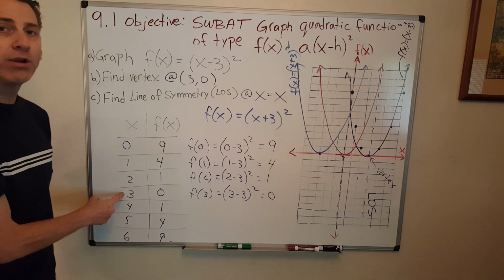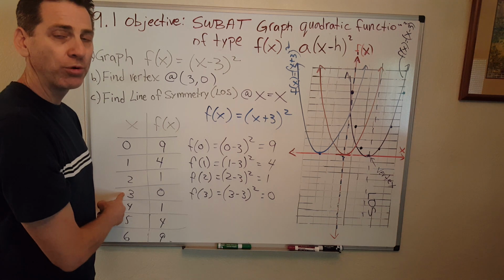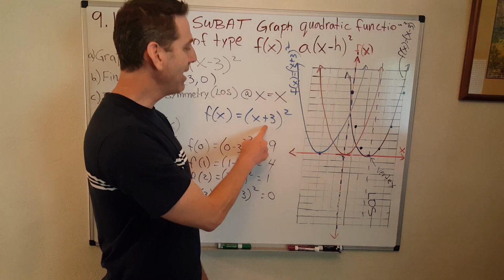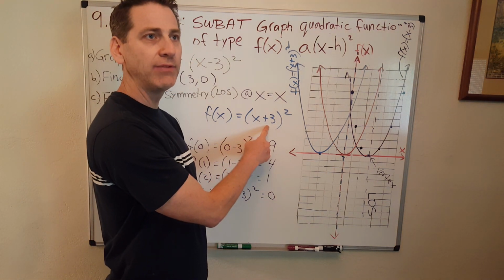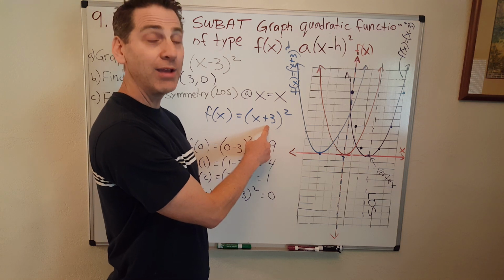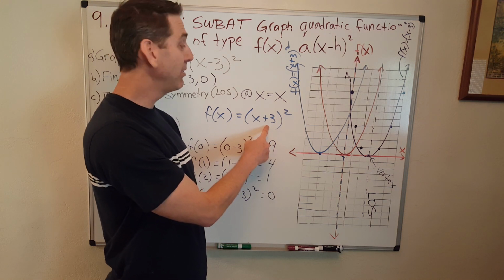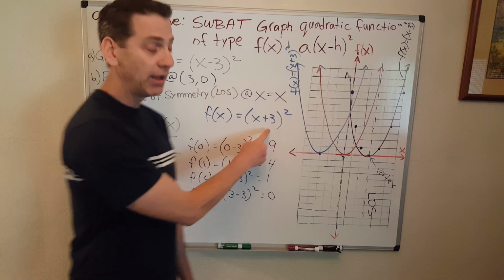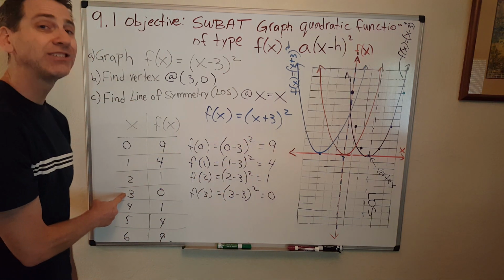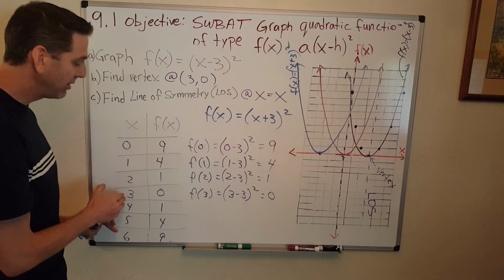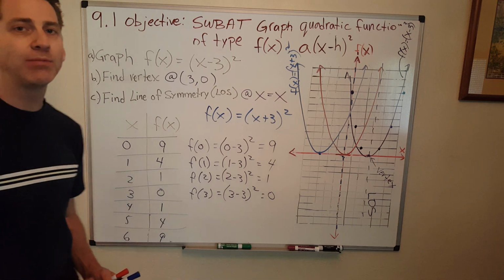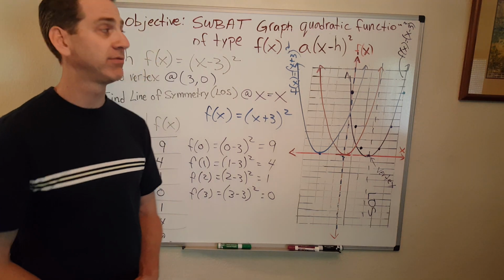Boom. And I can start plotting my ordered pairs. If I see this guy, x plus 3 squared, I think, oh, that shifted 3 to the left. So that means that my vertex is going to be at x equals negative 3. So that's going to help me know where to start. And then I can branch out from there and get my other x values to graph.